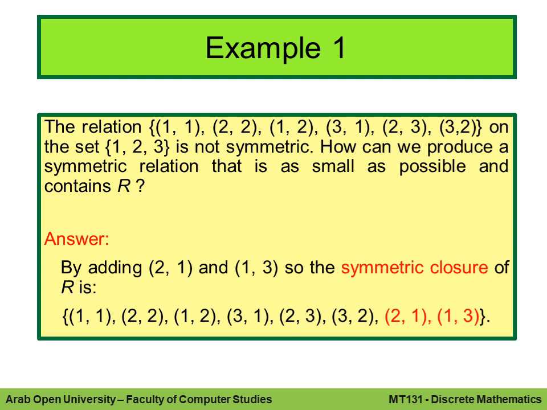For the symmetric closure, take the relation you start with and add the missing pairs, which in this case are (2,1) and (1,3). The result now is the smallest relation that contains my original relation, but this relation now will be symmetric. So that's the symmetric closure of R.